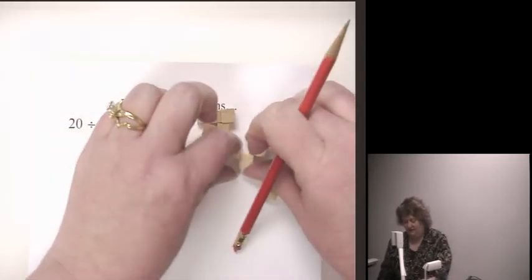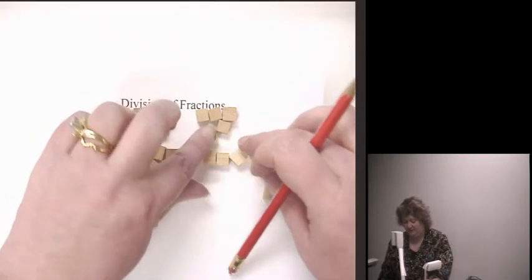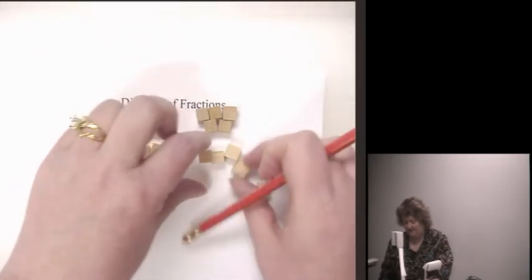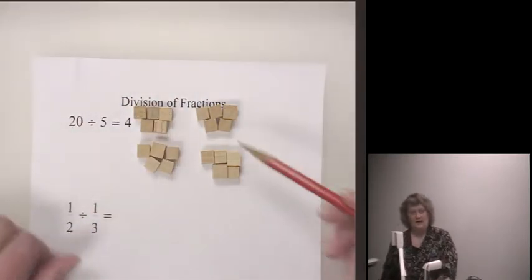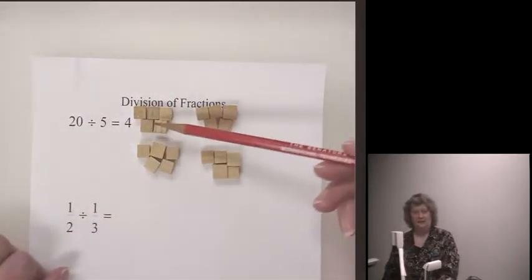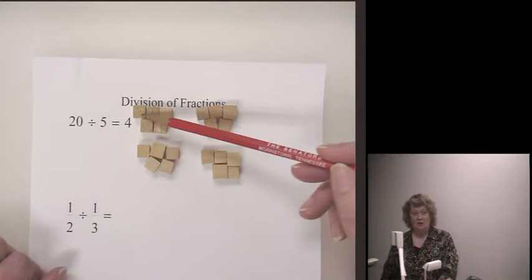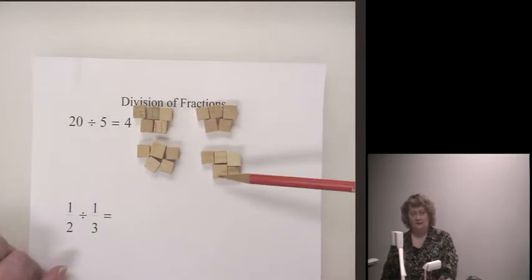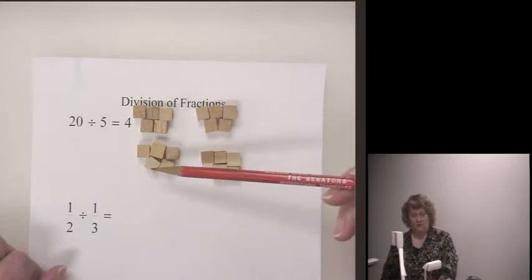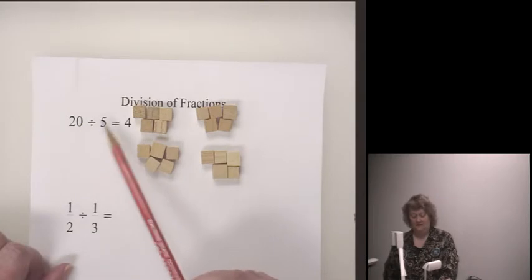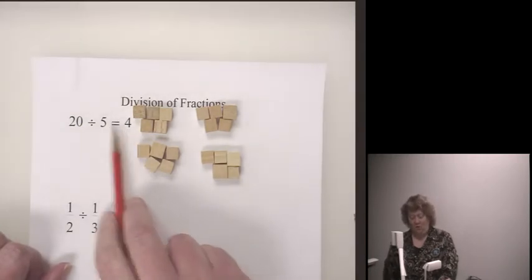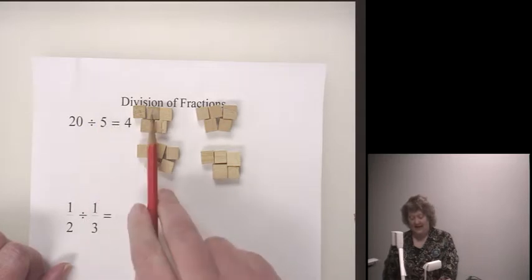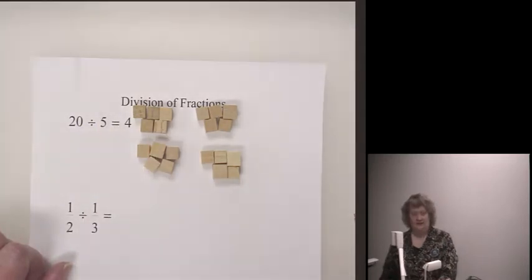And of course, here's the fourth group of 5. And so we have 20 things, and how many groups of 5 can we make? 1, 2, 3, 4. So 20 divided into groups of 5 gives me 4. Or how many size 5 groups can we make?